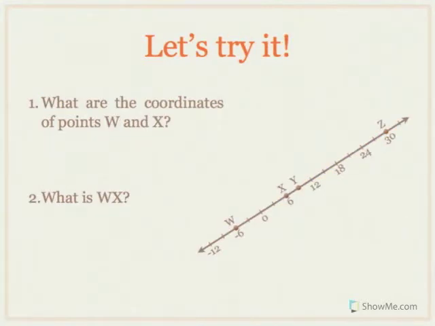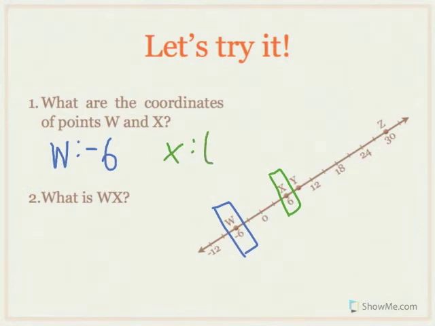Let's try this. What are the coordinates of W and X? Well, all that we have to do is look at our number line here, and we can see that the coordinate of W is -6. And we can see that the coordinate of X is +6. That's easy enough to do. So the next question is, what is WX?